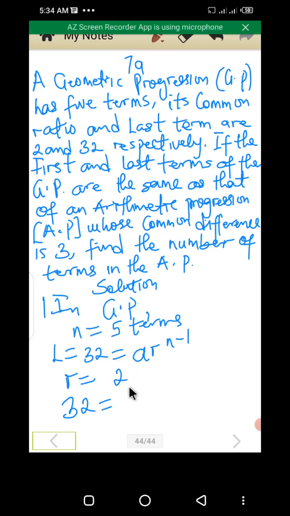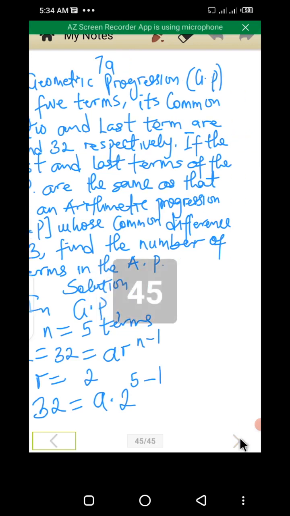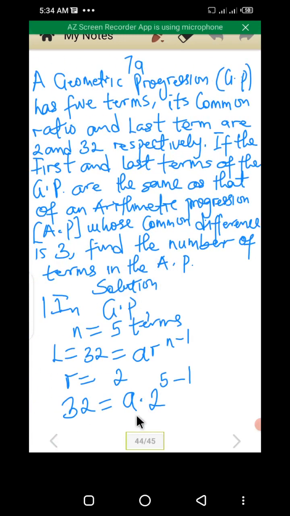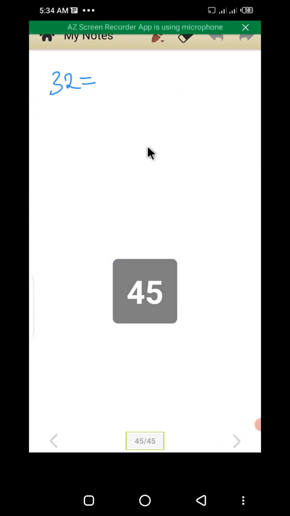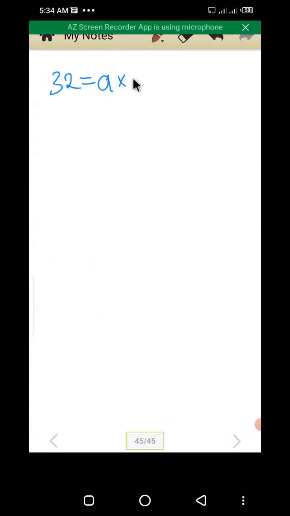We say 32 is equal to a, the first term, which is unknown, times the common ratio 2 raised to the power n minus 1, where n is 5. You can see that this is 2 to the power 4, so 32 is equal to a times 16.